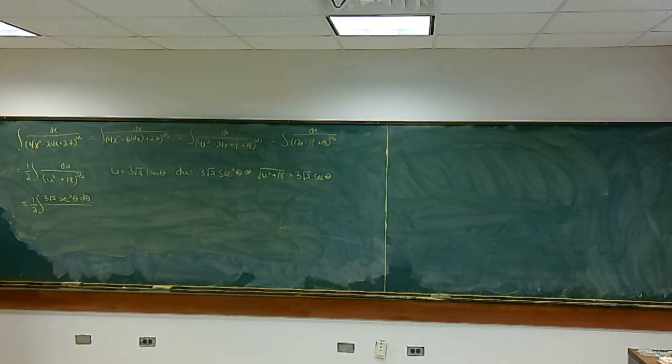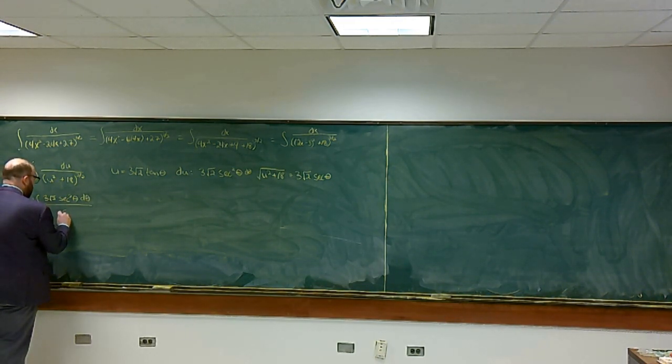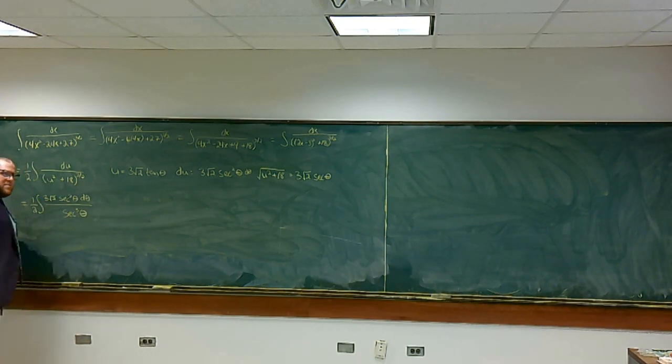So it's going to be a secant cubed, right? What is 3 cubed? 27. What is root 2 cubed? It's 2 root 2. 27 times 2 is 54. 3 root 2 all cubed would be 54 root 2.